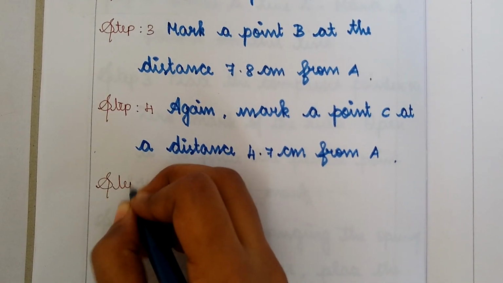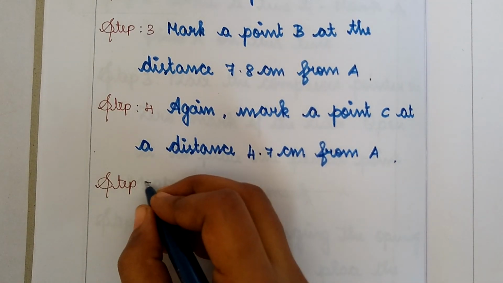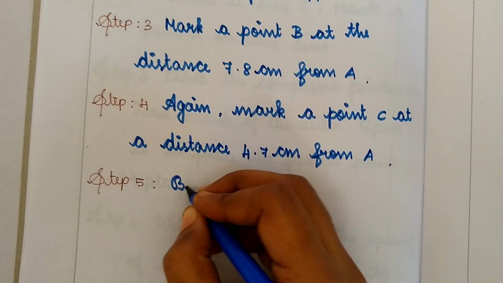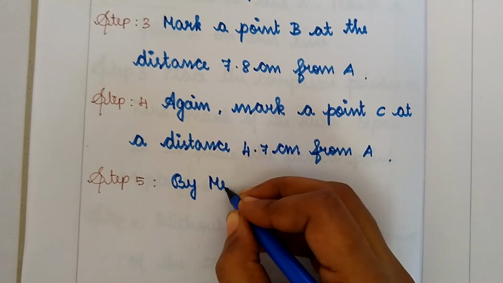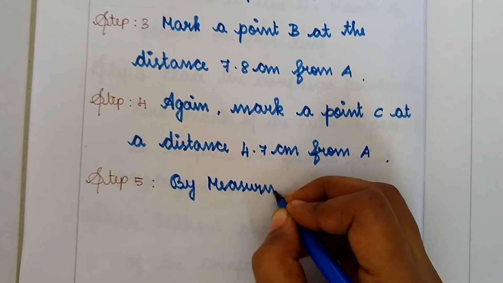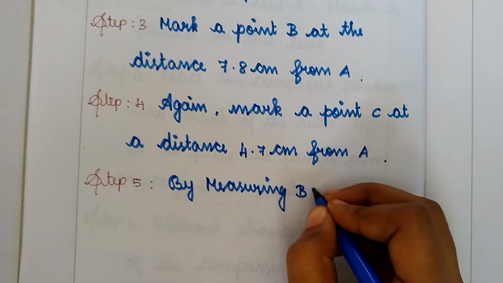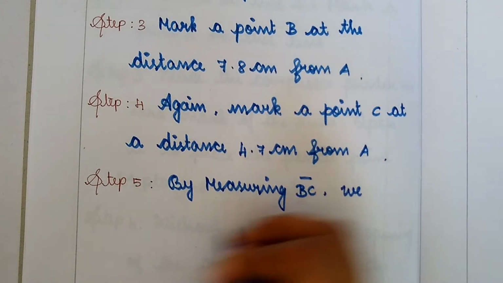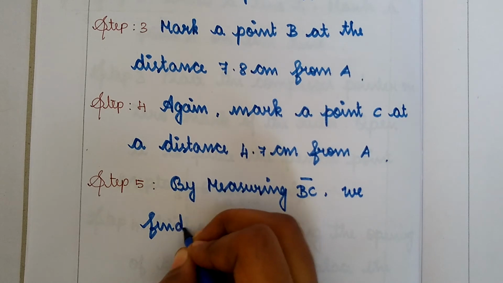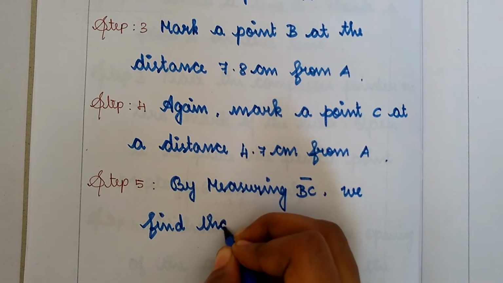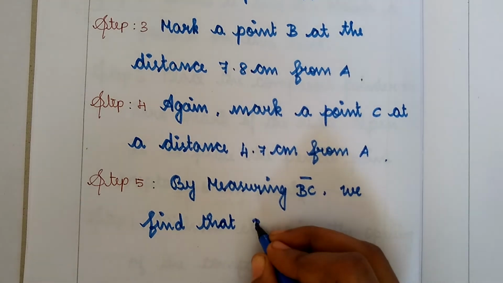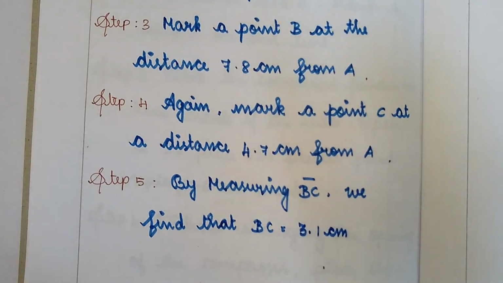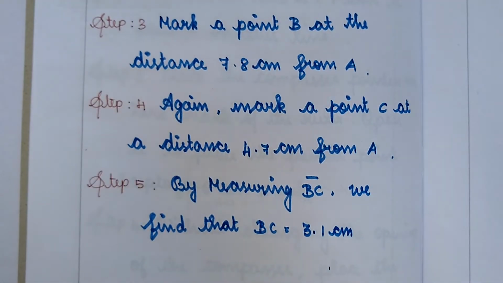We have to measure the line segment CB. By measuring line segment BC, we find that BC equal to 3.1 centimeter. Okay, that's all.